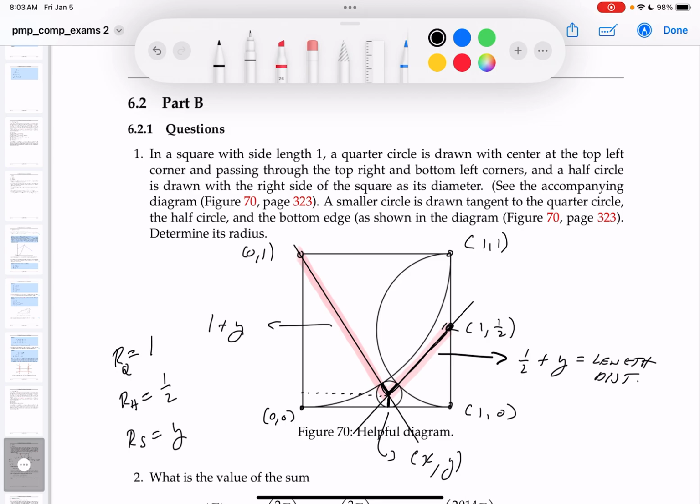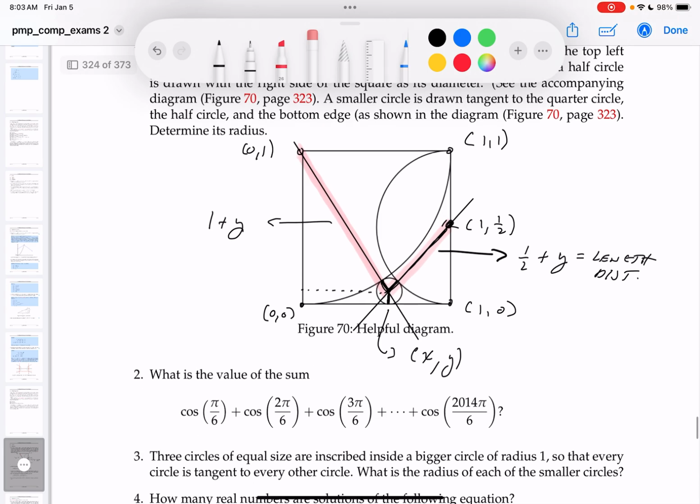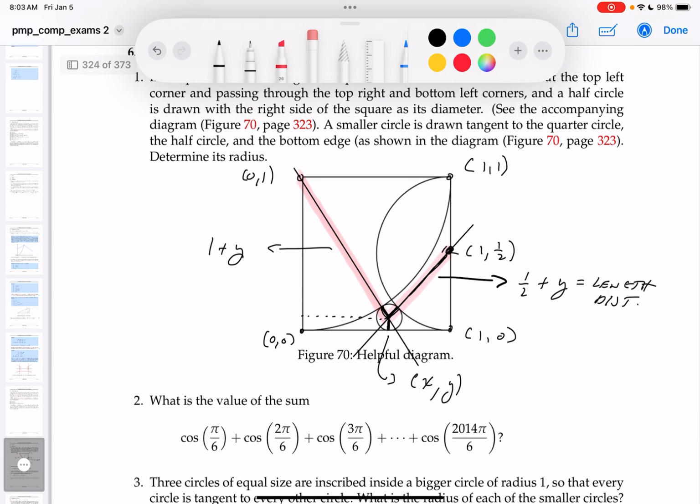Okay. Let me get my eraser out and erase things that I don't need anymore. I have to start thinking about what to do now. They want to determine the radius, so I'm trying to find Y. So what I'm going to do is try to use the distance formula. I want the distance between those 2 points, which I know is 1 plus Y. What's a good distance formula?